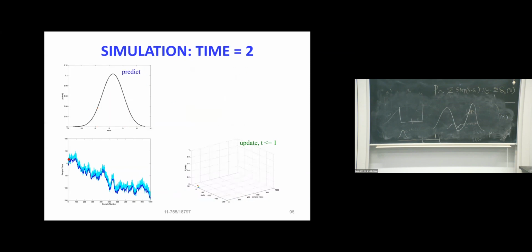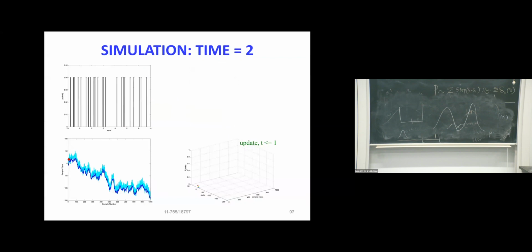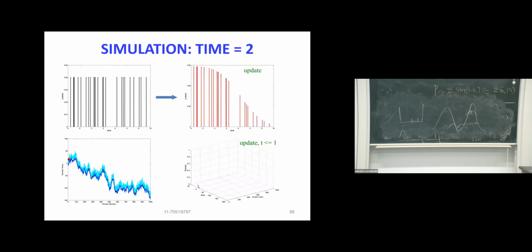Then from this, I generate 25 samples, okay? And so those are my 25 samples. I obtain my next observation and scale all of these by the probability of the observation given that particular state. And the shape looks different, right? It's no longer uniform.